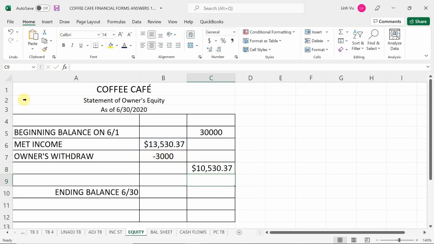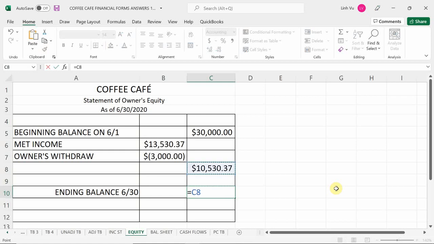That means I am adding $10,530.37 to my equity, which gives me a grand total of equity at the end of June 30th of $40,530.37.